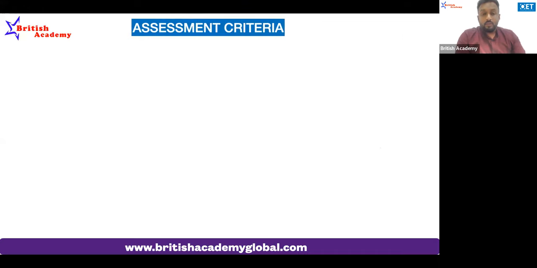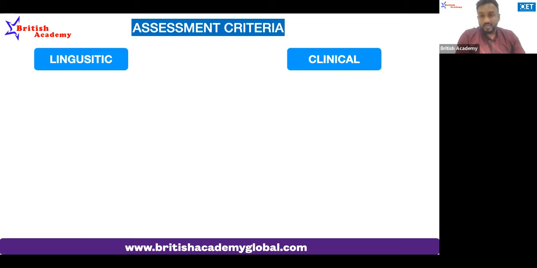Before we get to know what speaking is, we need to know the assessment criteria. The assessment criteria is divided into two different parts. One is linguistic. Linguistic means language. Second is clinical. Based on clinical factors, they check how well you speak, how well you gather information, and whether you are able to understand the patient's perspective.